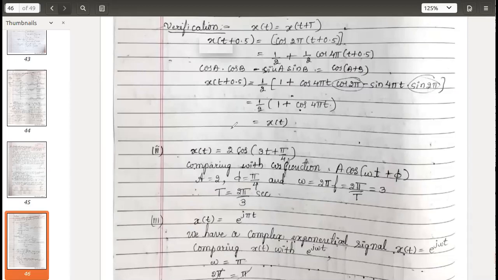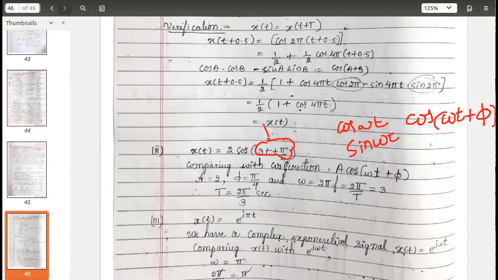Let us start with the second problem. x of t equals 2 cos of 3t plus pi by 4. It is a continuous signal, and just like cos of omega t and sine of omega t as the general forms, we have cos of omega t plus the phase shift phi.